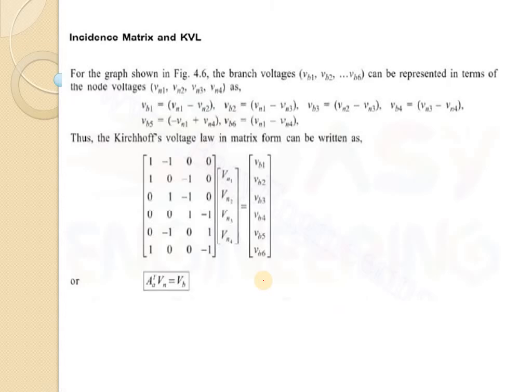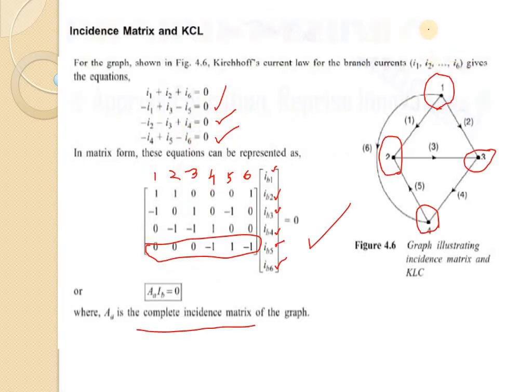So definitely our branch voltage VB1 will be in between node 1 and node 2. So this is VB1, this one VB1. So it will be VN1 minus VN2, that equals VB1.